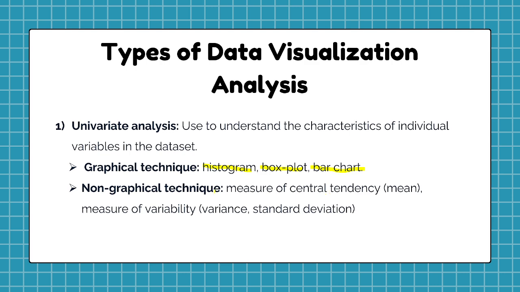For this non-graphical technique, if we want to investigate a single variable, we can conduct numerical measurements based on the central tendency. That means we try to evaluate the mean or the average, and then we can find out measure of variability based on the variance or the standard deviation value.